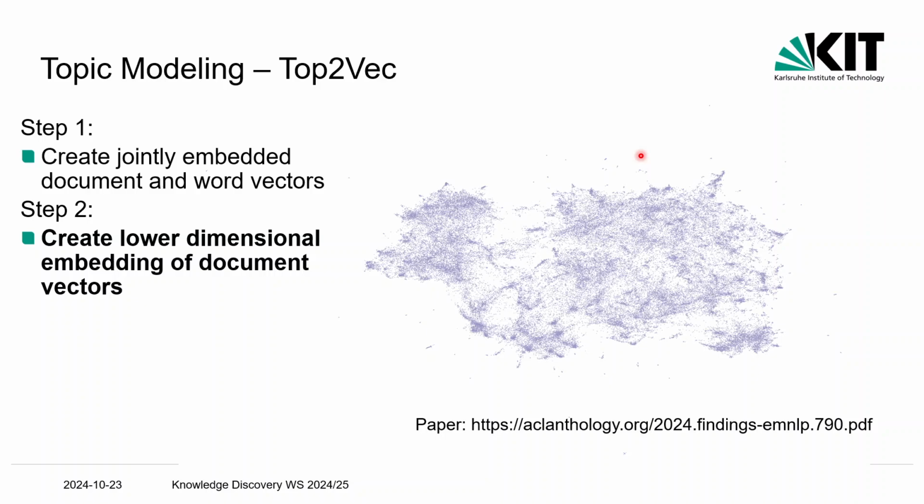A very common way of circumventing that is to reduce the dimensionality as much as you can, and then hope that the clustering algorithms work well. So in step 2, they use UMAP, which is used for dimensionality reduction, and then you get the document vectors.